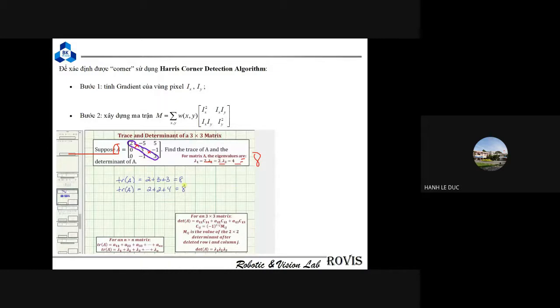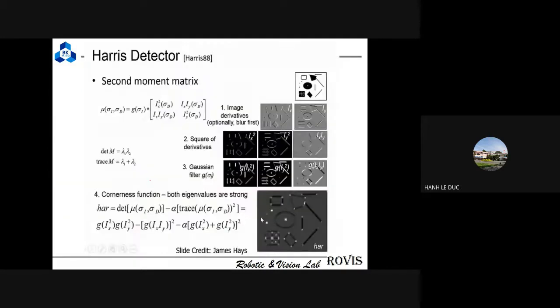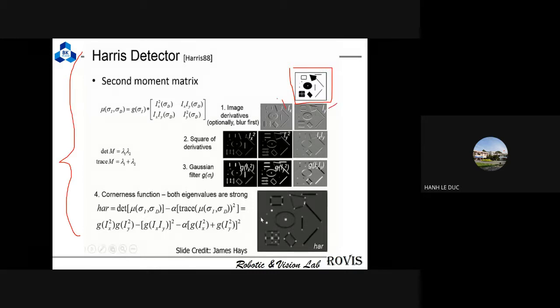Okay. So let's summarize the algorithm. Okay. So this is the algorithm. First, we have the matrix or image, right? And then we calculate Ix and Iy by doing the Sobel filter. And then we square it.